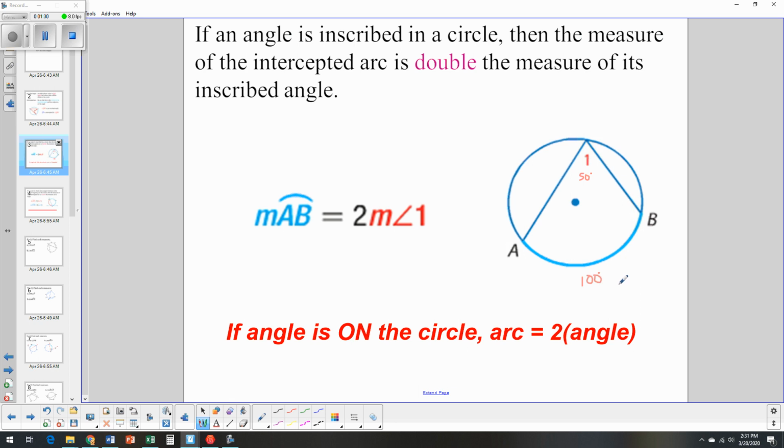If we recall from our last lesson, central angles were equal to their arcs, so if I had my central angle here, this would have been 100 degrees. But when I pull it back, when I make the angle smaller, it actually gets cut in half. So this is our formula for any time we have an angle on the circle: arc equals 2 times the angle.